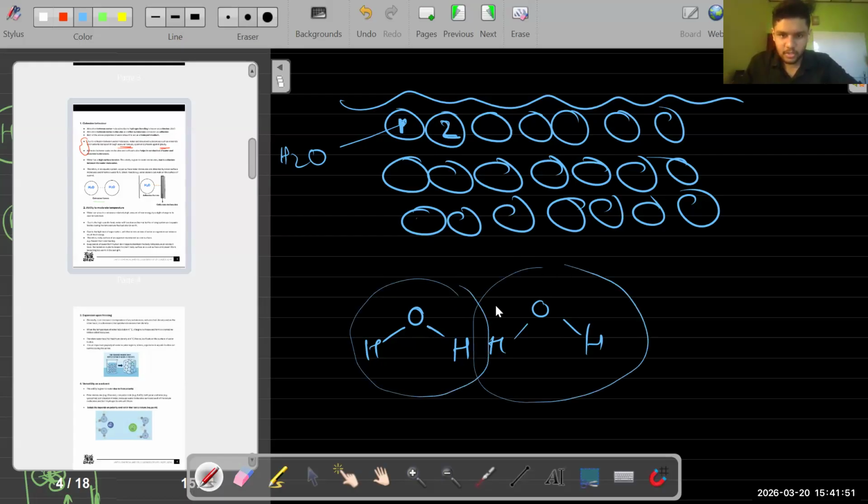Between these two water molecules there would be interaction, an attraction. What is that attraction called? They have given a word for that. Can you remember? Cohesion, right?